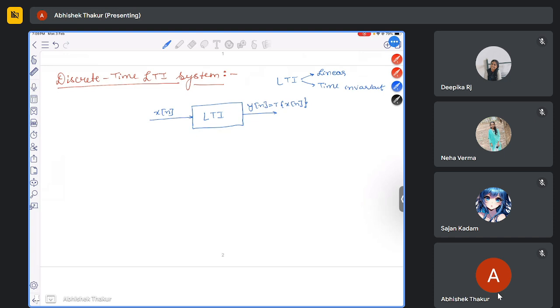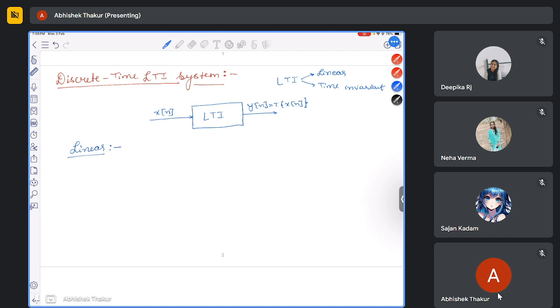First we will see both the properties: what is the linear property and what is the time invariance property. So for a linear system, what happens?